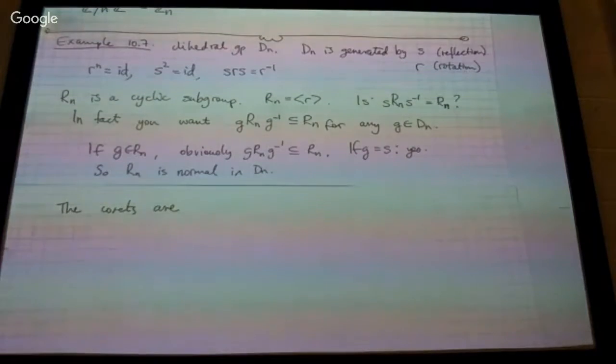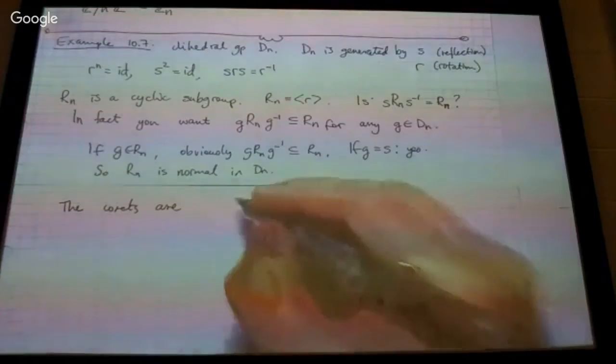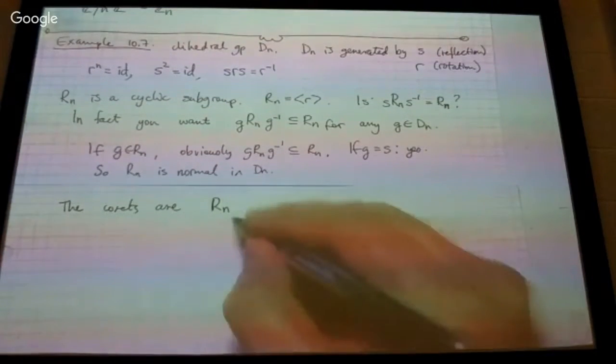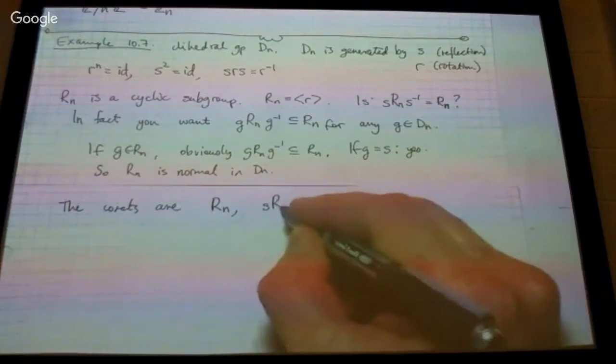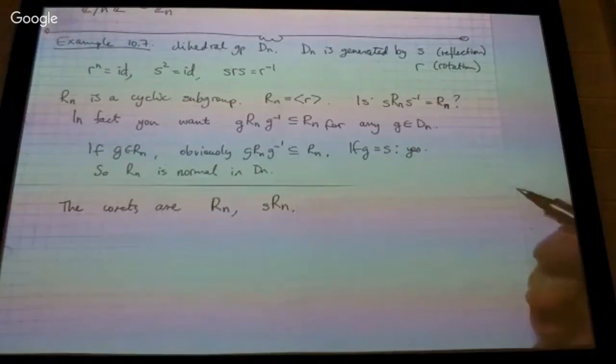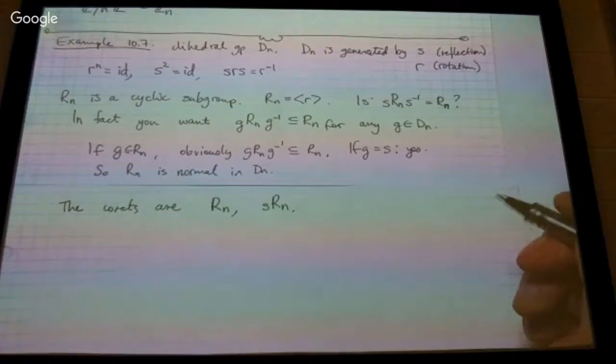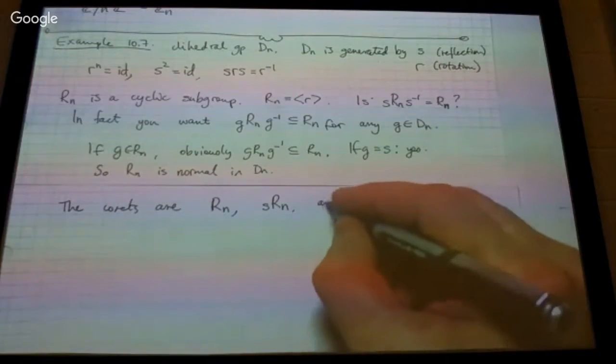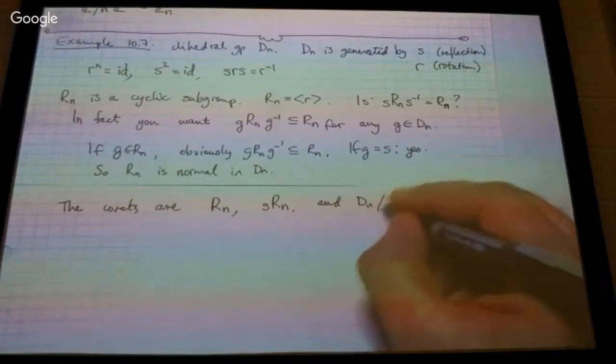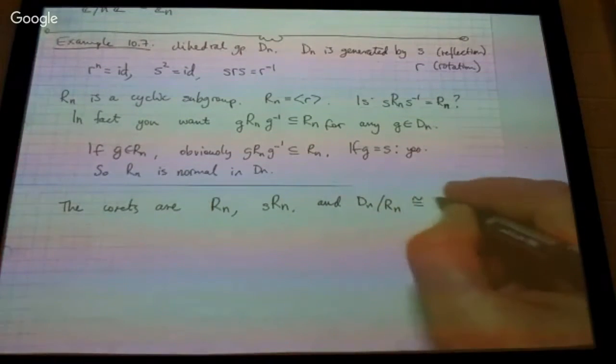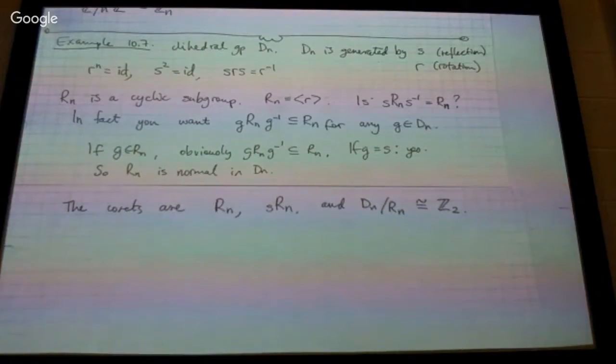So the cosets don't matter whether they're left or right cosets because they're the same because it's normal. So of course one of them is the subgroup itself, and then there's another one where you reflect. This is starting to be boring because again you get the two. So again you say, well, if I'm only doing rotations, then that's one coset, it's all the rotations.